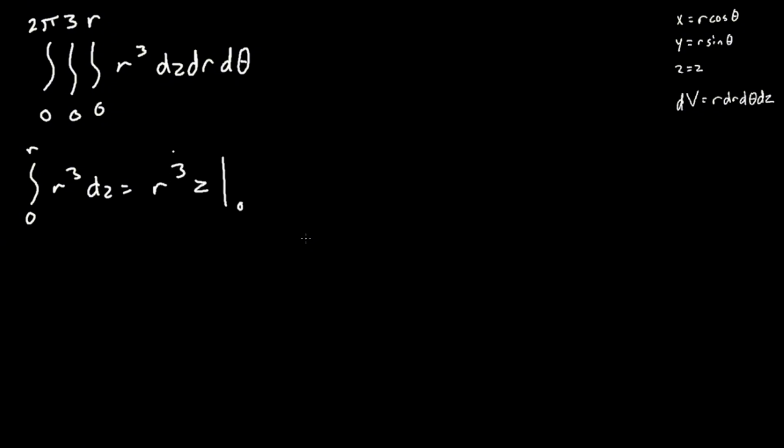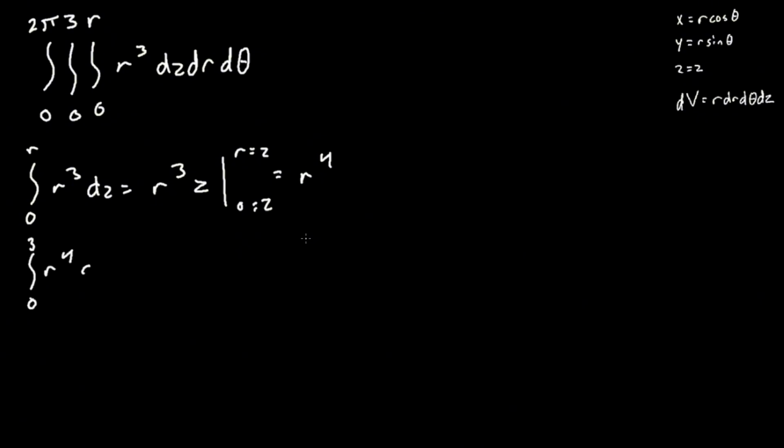as long as it's possible to integrate it. So our r bound is the upper bound and 0 is our lower bound. If we substitute r into z, we get r to the power of 4, simply our new integrand. Now we integrate with respect to r.